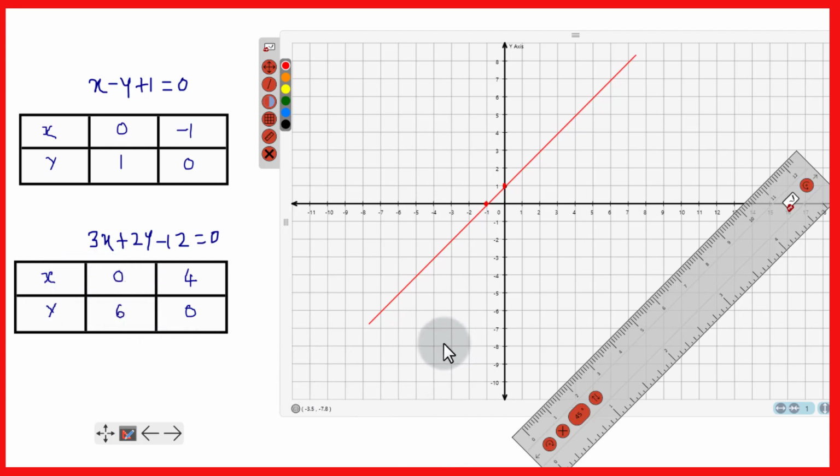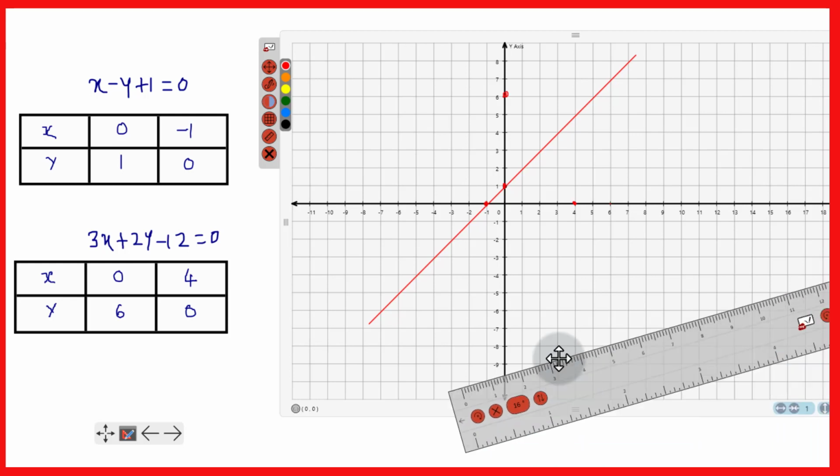Okay, now we will take the other set of coordinates, and that will be 0 and 6. So y coordinate is 6, so it will be 0 and 6. That point will be here. Then the other coordinate is 4 and 0. So 4 and 0, that point will be here. And then we will draw a line passing through these 2 points.